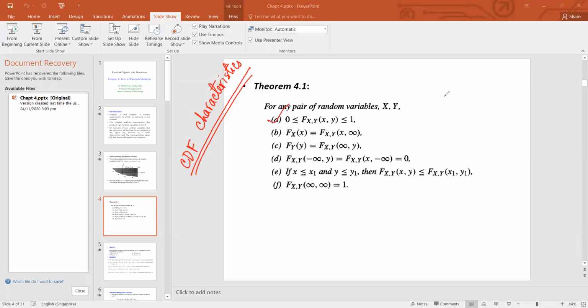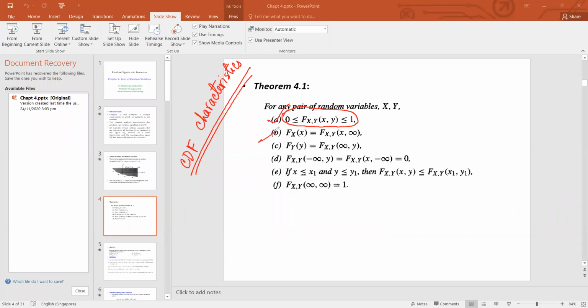Number one, the CDF is a kind of probability, a summation of probability. So can the sum of probability be less than 0? No, sir. Can it be more than 1? No. So the CDF value has to be bounded by 0 and 1. This is CDF characteristic number one.